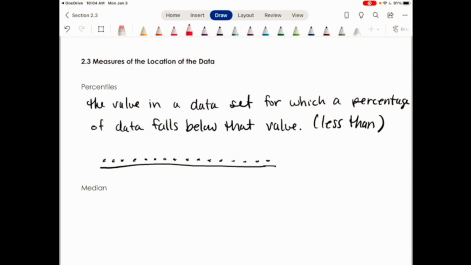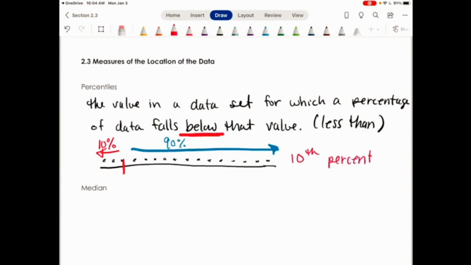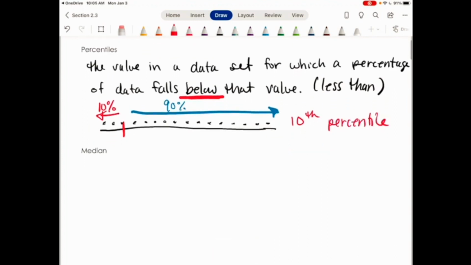The 10th percentile would be whatever that data value is that separates the data so that 10% lies below, that's the key idea here, and 90% is above. So this is an example of the 10th percentile. That's in general what a percentile is.